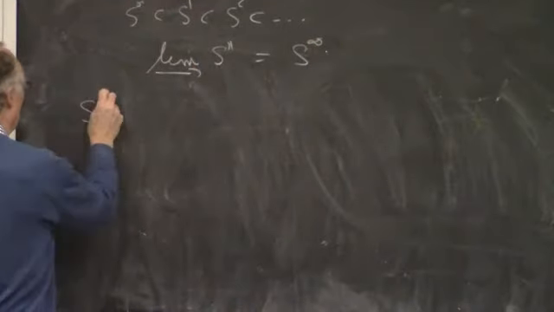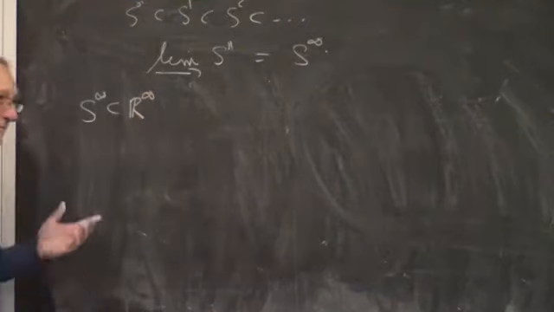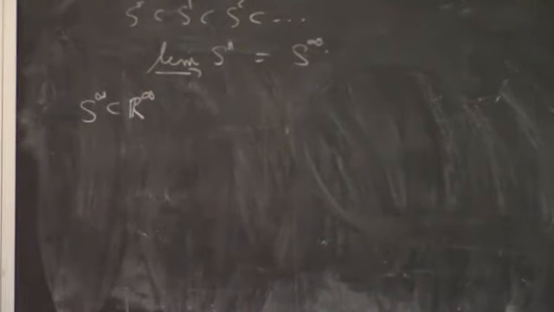It is, of course, the unit sphere in R infinity. So take R infinity, the weak limit of the vector spaces R^n, take the sum of x_i squared equals 1, but you're only allowing finitely many of the x's to be non-zero, but any finite number, and then that defines the unit sphere.